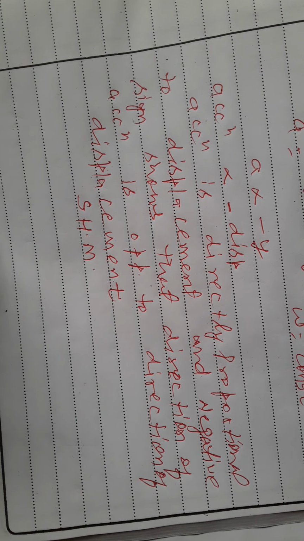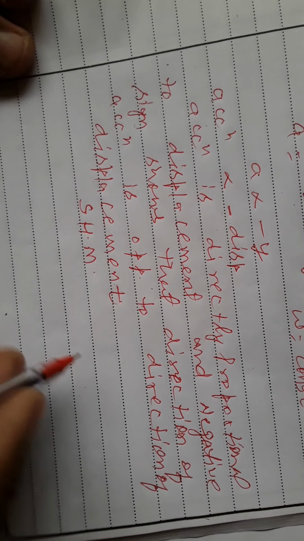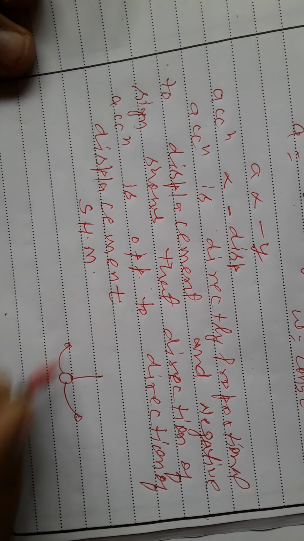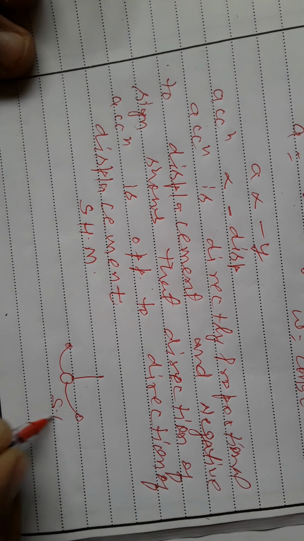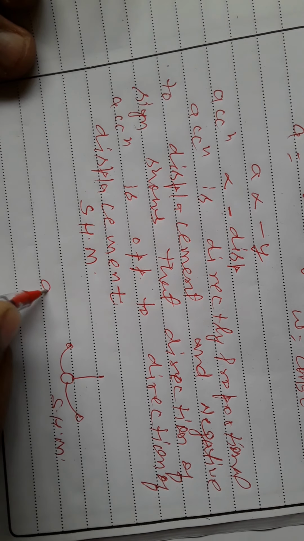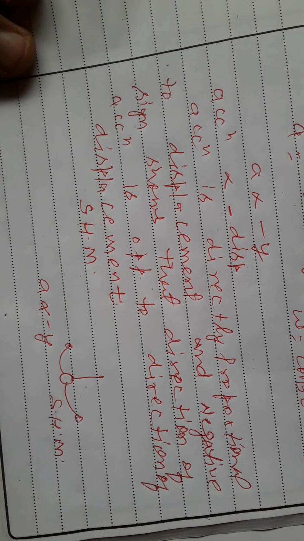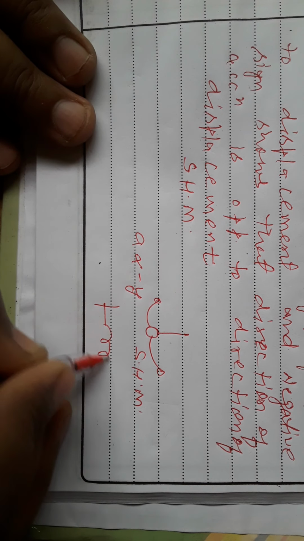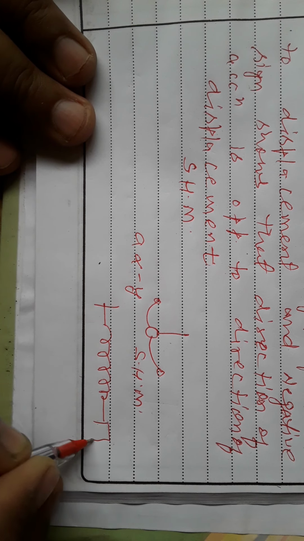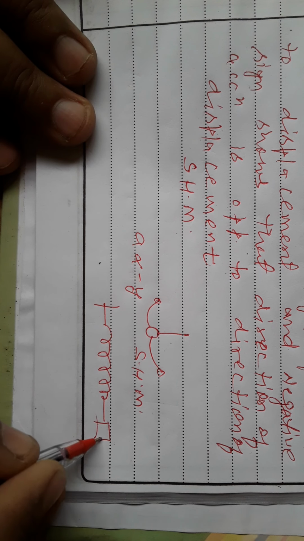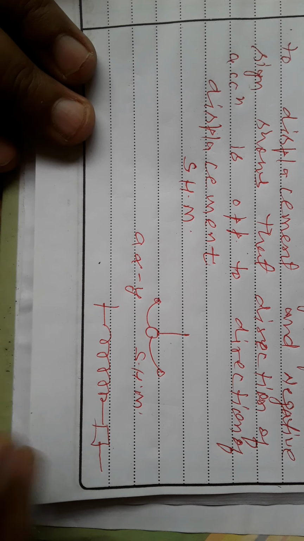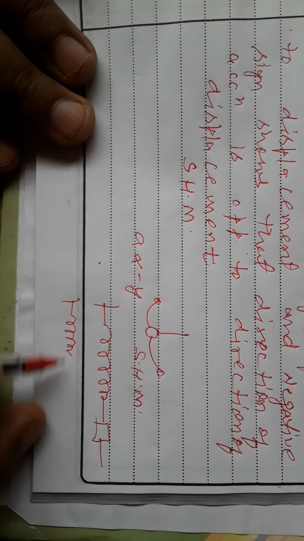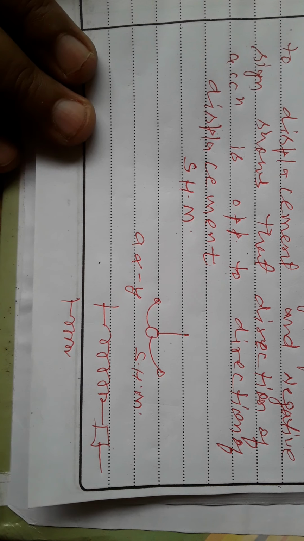For any motion we can prove simple harmonic motion. Motion of the simple pendulum to and fro along the mean position can be SHM if acceleration is directly proportional to the displacement. Or consider a spring like this. If we stretch or compress the spring and then release, the spring starts to oscillate.